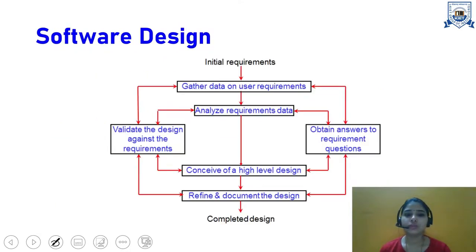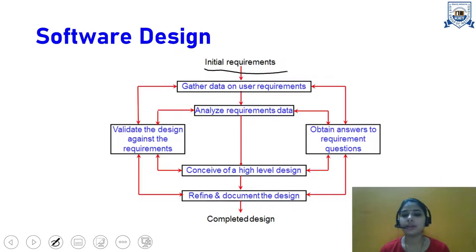So how will we get a complete, refined, or correct design? First we have the initial requirement. After gathering all the user requirements, we will analyze the requirement data. We will analyze them, check them, and study them.